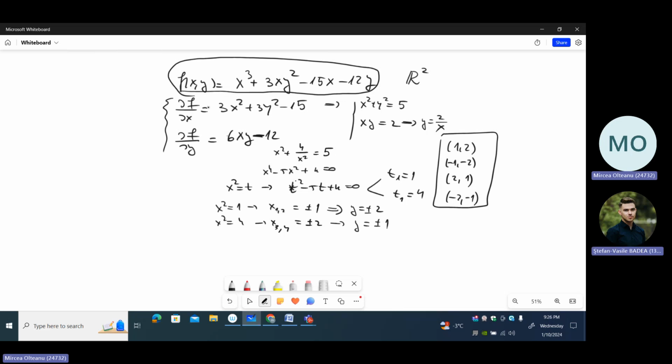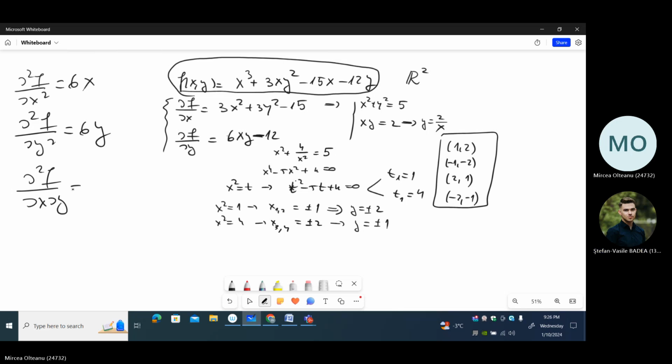Yes, there is a symmetry of the partial derivatives, but the function is not symmetric in x and y. Okay. Now, the second order partial derivatives, this is 6x. The non-mixed first, this is 6y. Yes, again, the symmetry is continued. And it's not 6y. Sorry, it's 6x.